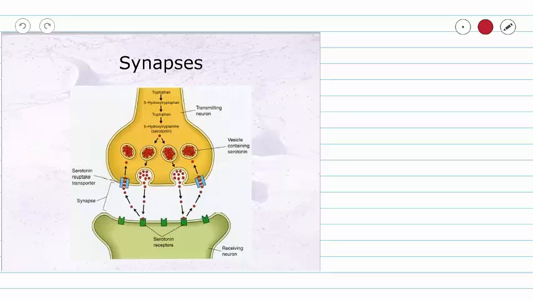But what happens to our presynaptic neuron and our postsynaptic neuron after that action potential has passed? So our action potential is going to come down our axon and cause the release of neurotransmitters which stimulate our postsynaptic cell and cause an action potential in our postsynaptic cell. What next? You actually have to turn off stimulation, or our postsynaptic cell will continue to fire action potentials indefinitely, and you don't want that.